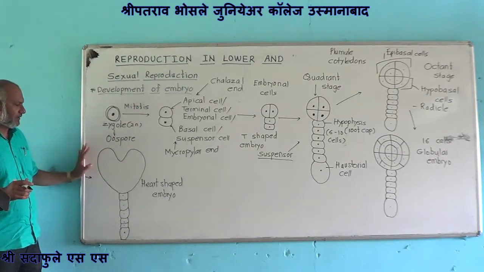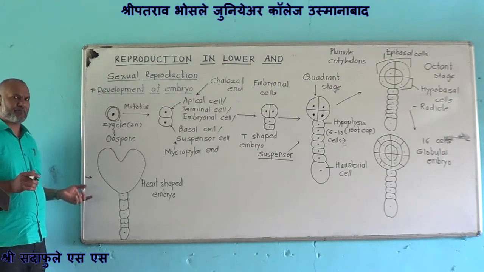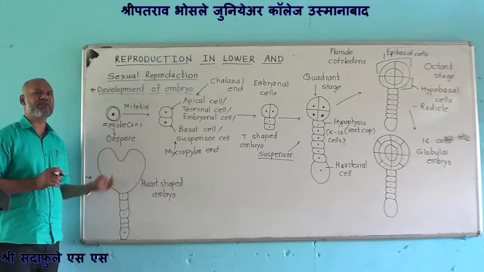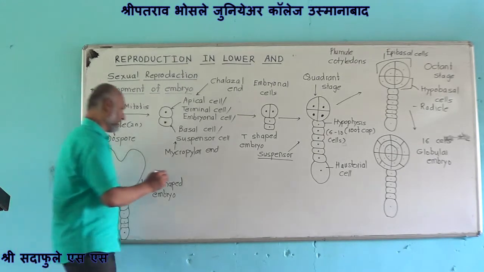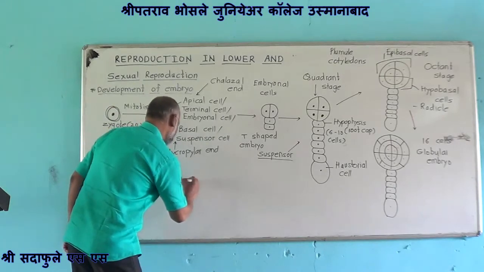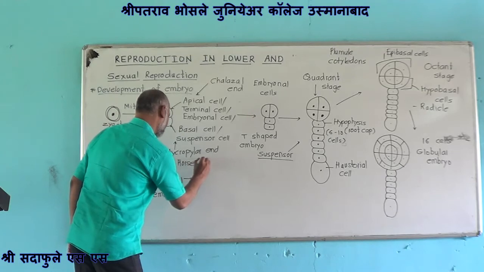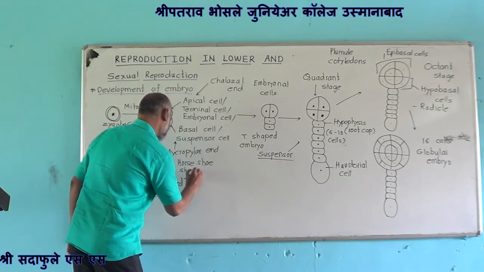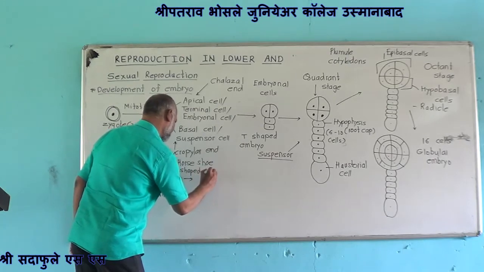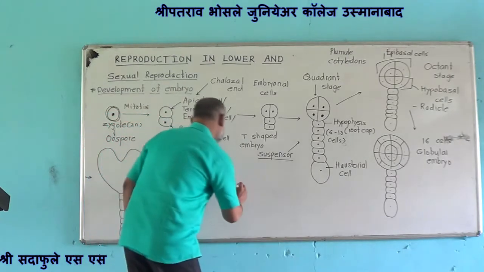Now this heart shaped embryo attains the final shape and size of the embryo. There is formation of horseshoe shaped embryo, like this.